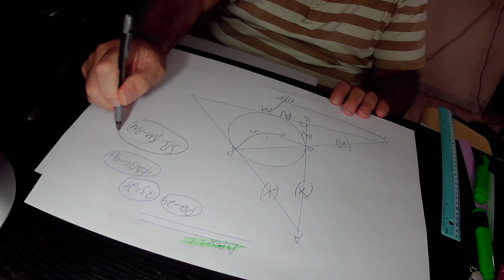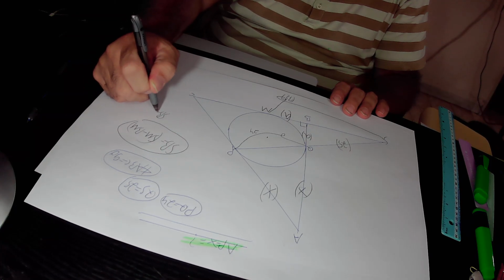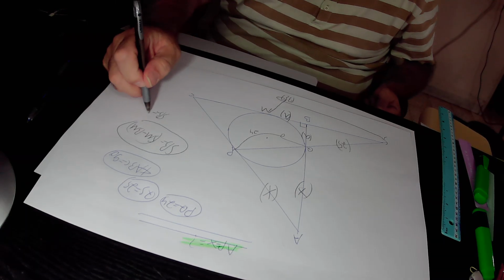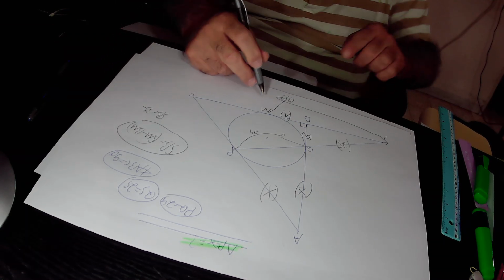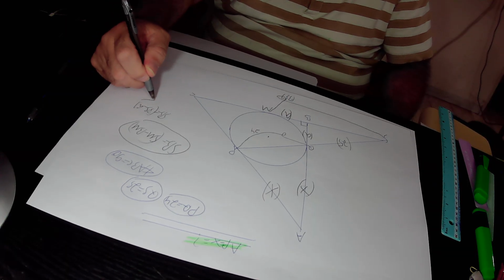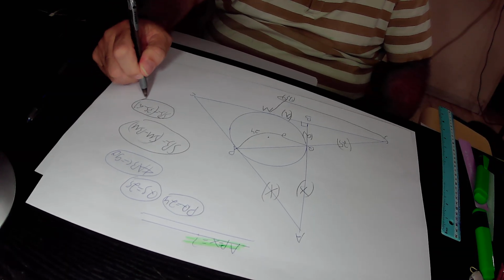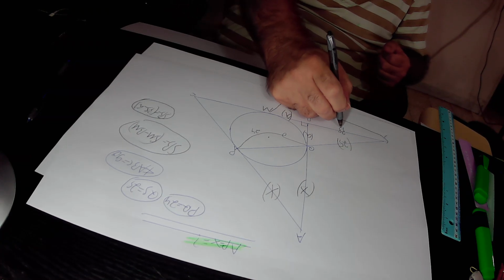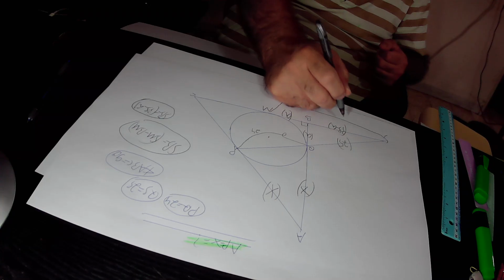So SB equals SM, that is 35, minus BM, that is a. So in total we find that SB equals 35 minus a units in its length. Write it down.